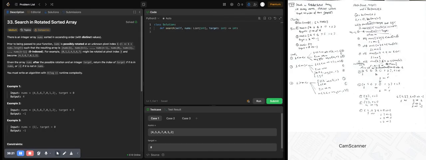Okay, so in the second one, we have 4, 5, 6, 7, 0, 1, 2, left, mid, and then right. Target is 3. Now we don't have 3, but we do know we need to search on the right hand side. So left, mid, right.